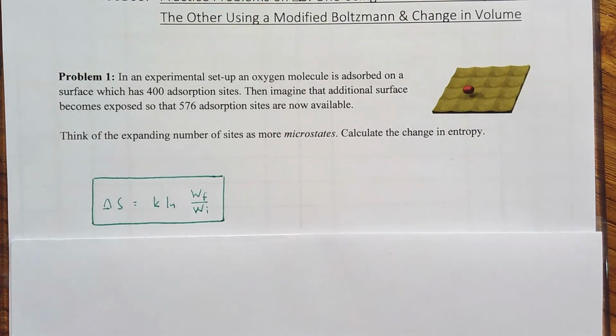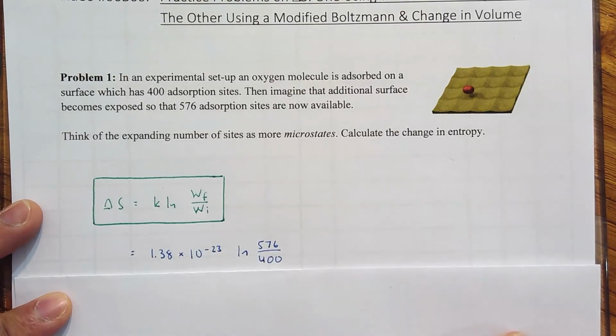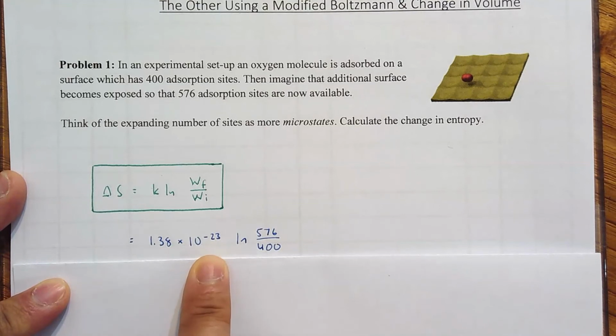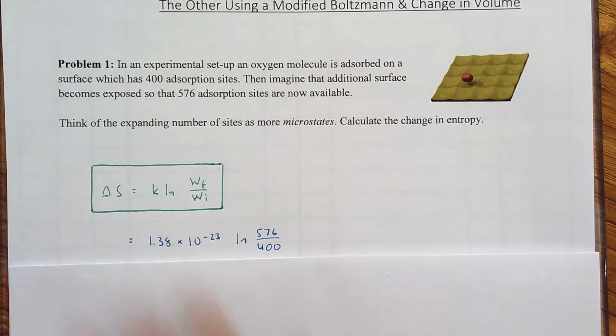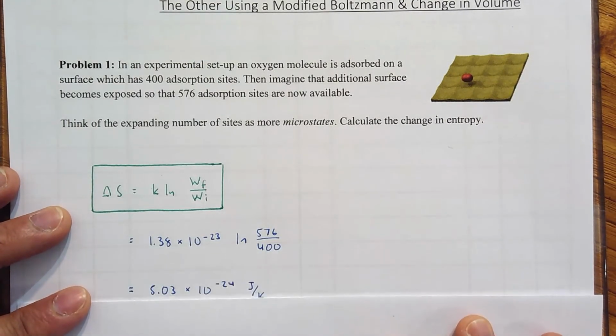Okay, let's compare answers. We fill in the Boltzmann constant. Remember, that's joules per K. This is unitless. And then hopefully you can work out the math on your calculator properly.